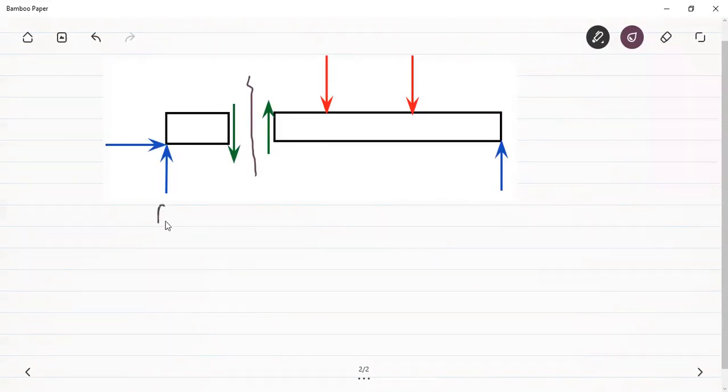Now see this left hand side of the section, this was the reaction AY. What does it tend to do at this section? This will create a moment about this section.